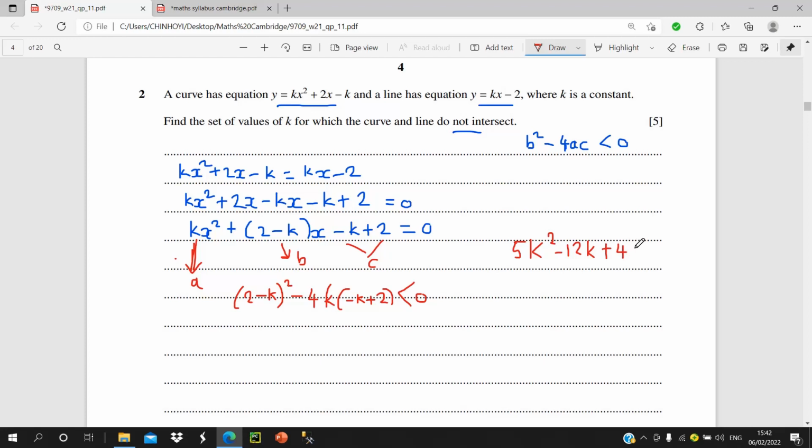So to find the critical values, you equate to 0. Either you can solve this quadratic, or you can factorize. You are going to get k equals 2, and k equals 2 over 5.